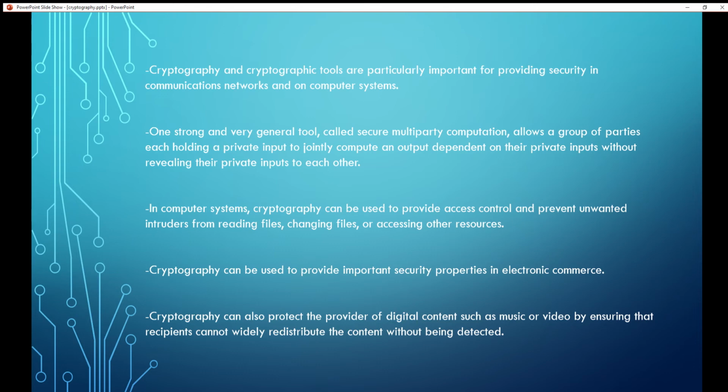Secure multi-party computation can be used to solve problems like electronic voting, electronic auctions, and many other such problems.